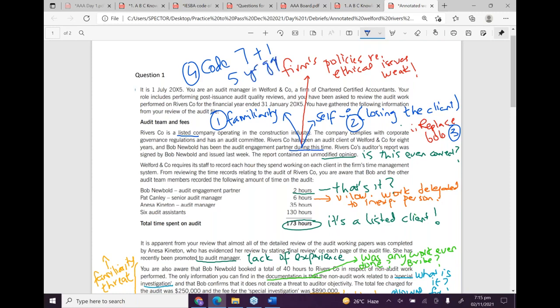And then you get another mark for saying, hang on, the firm's policies regarding ethical issues are really weak because they should have identified and rotated this right away. How come the firm did not identify there was a problem and did not replace or rotate Bob? So 5 out of 15 if you do this step by step.